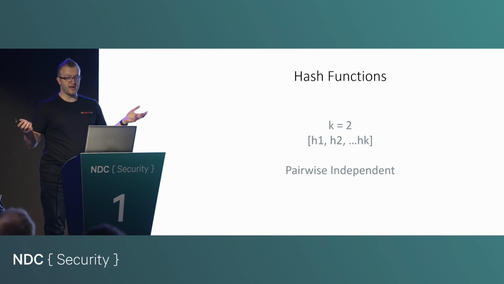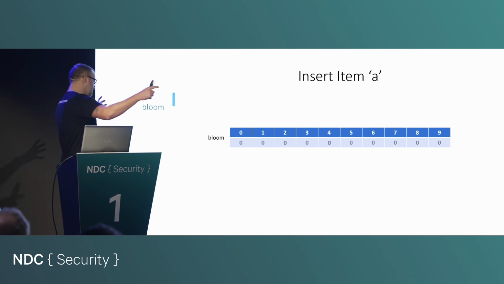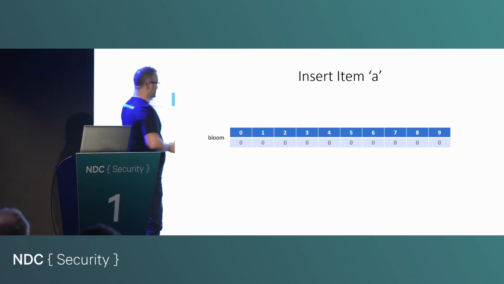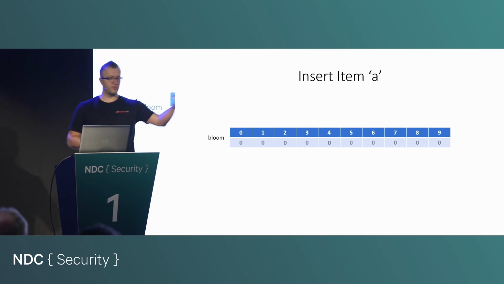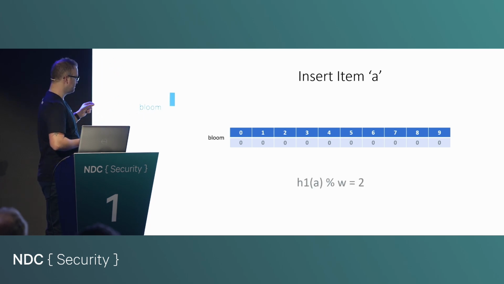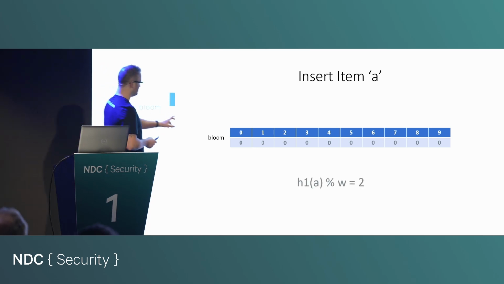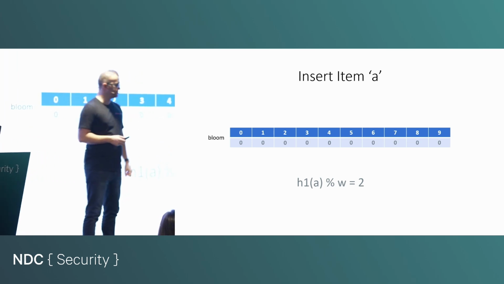So we have an item, a report that arrives. We're going to refer to it as item A. This report comes in, it's a JSON payload, and we're going to insert it into our filter so that we can store the fact we have seen this thing before. So you take the first hash function, and you hash item A, and then we simply modulus it with the width.